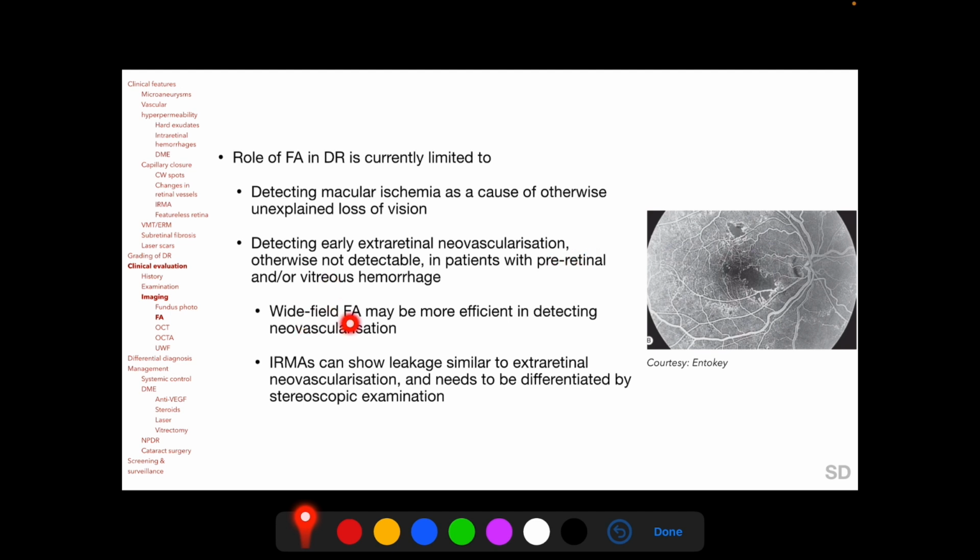Wide field fluorescein angiography may be more efficient in detecting neovascularization, and as we have mentioned, HEMs can show leakage similar to extraretinal neovascularization and need to be differentiated by either stereoscopic examination or by OCTA.